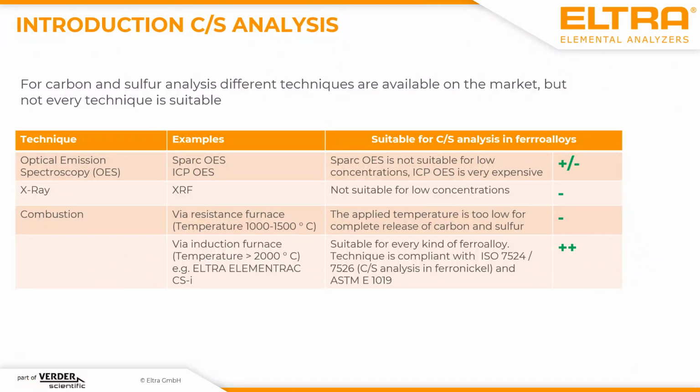Besides carbon and sulfur analysis, it's also possible to analyze these elements with other techniques. You maybe have one of these in your lab. Optical emission spectroscopy, for example, is common as spark OES or ICP OES, and these optical spectrometers can be used for carbon and sulfur analysis, but the reliability depends strongly on the sample homogeneity and on the calibration of the analyzers, and very small concentrations of about maybe 1 or 2 or maybe 10 ppm cannot be measured with this technique.